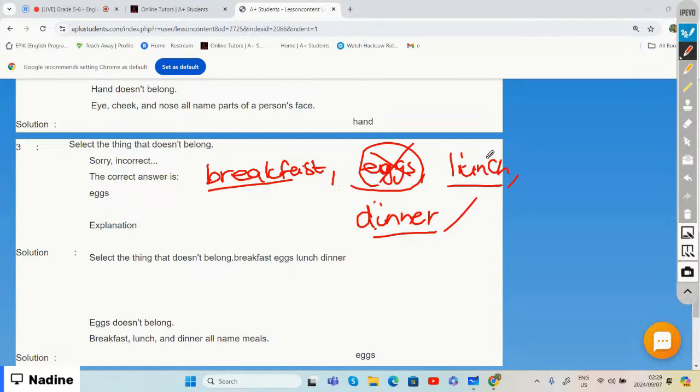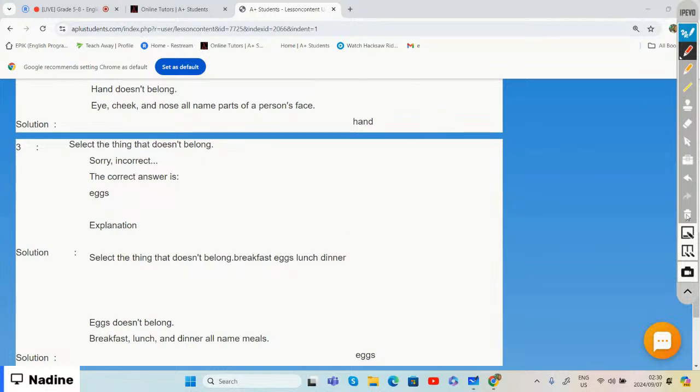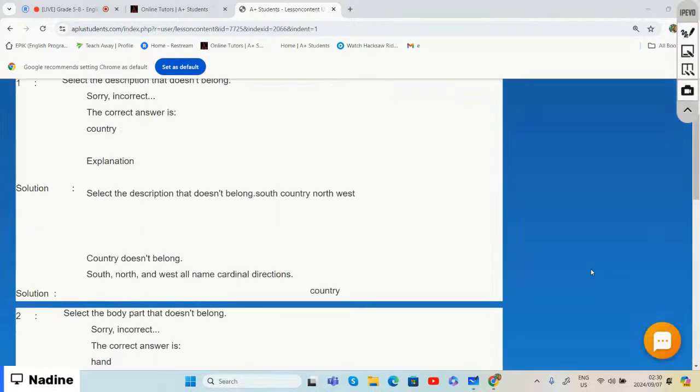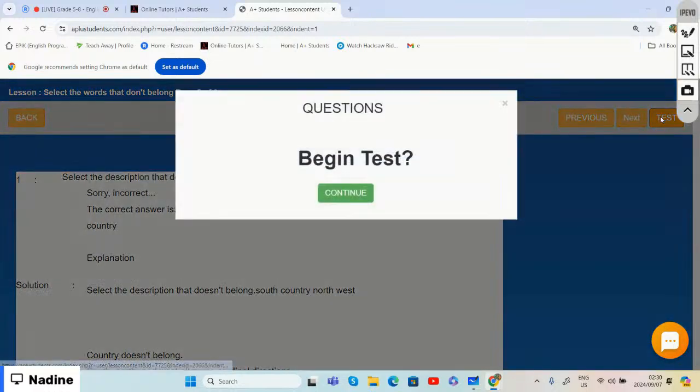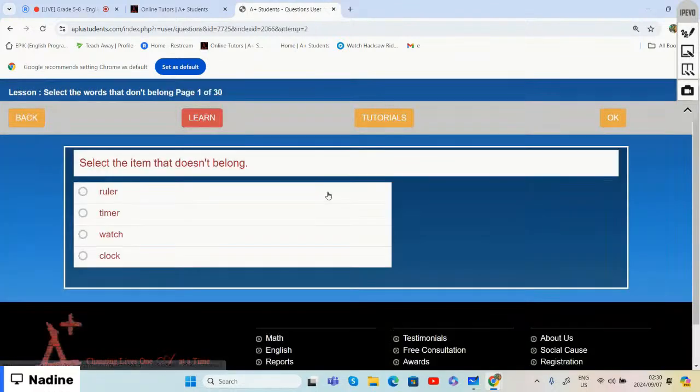Those are the three words that are related to one another. But eggs doesn't belong. Eggs belongs within the meals of the day, but it's not a meal. It doesn't name a meal. All right, so now we're going to our test where we are going to select the words that do not belong.